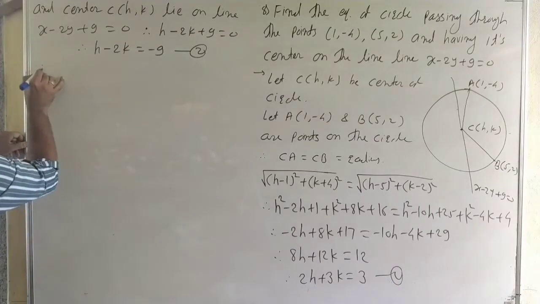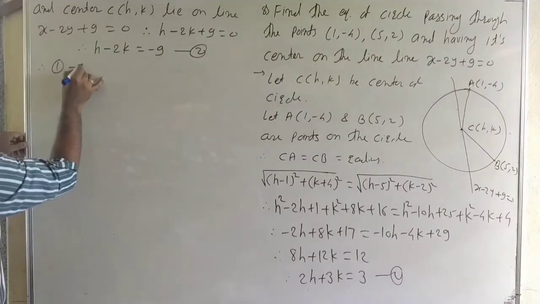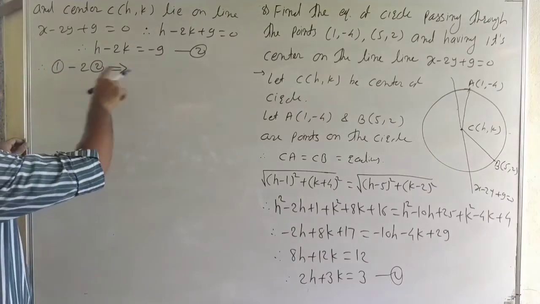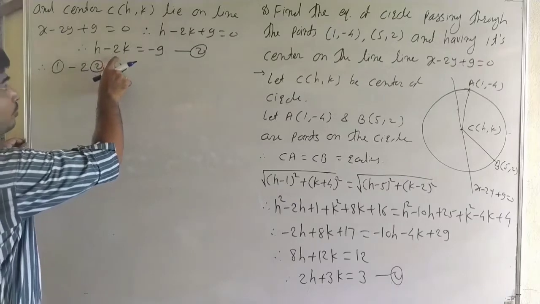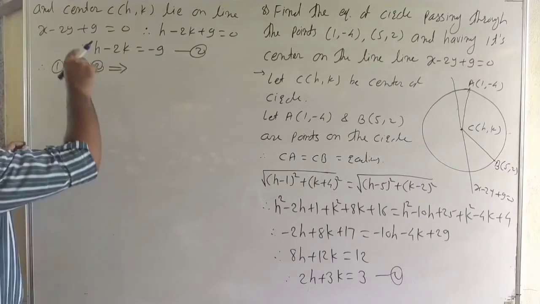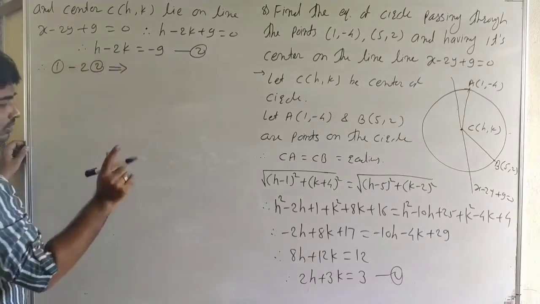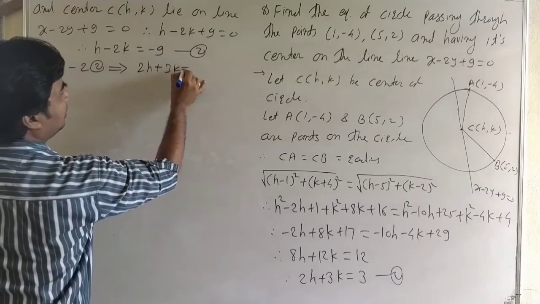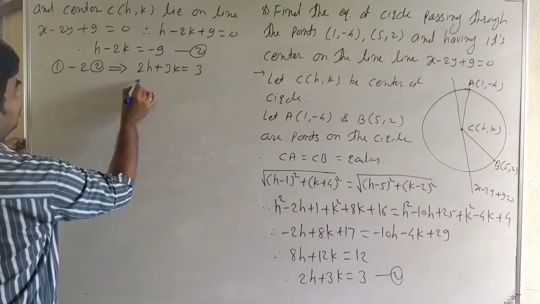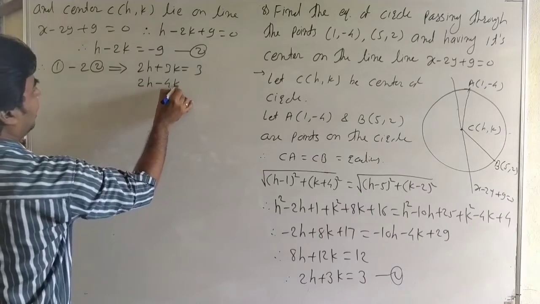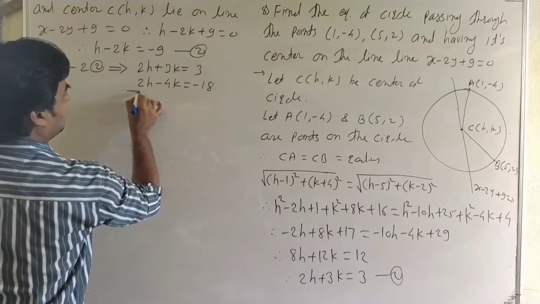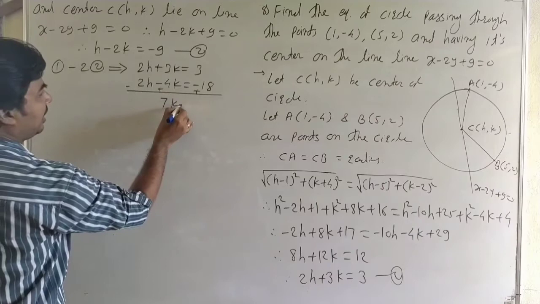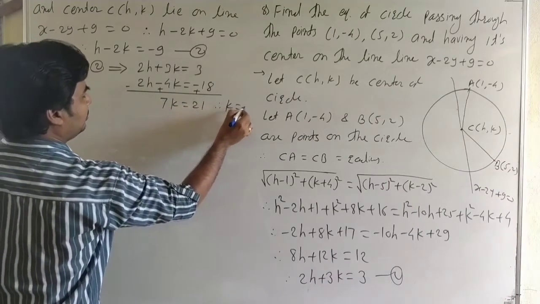See carefully, multiplying equation number 2 by 2 we get 2h minus 4k is equal to minus 18. Equation 1 is 2h plus 3k is equal to 3. On subtraction, 2h cancels, and we get 7k is equal to 21.